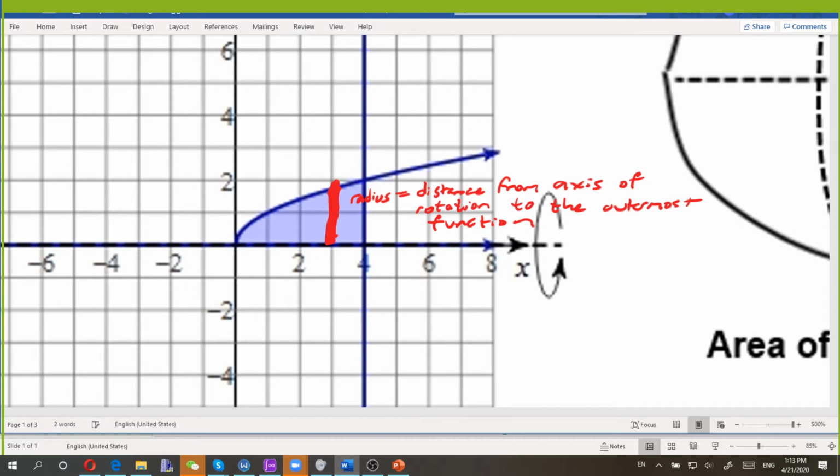So I've got my y value up top, and then down here is y equals 0. The difference between them would be y.